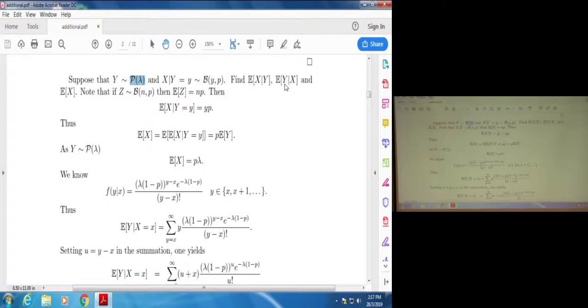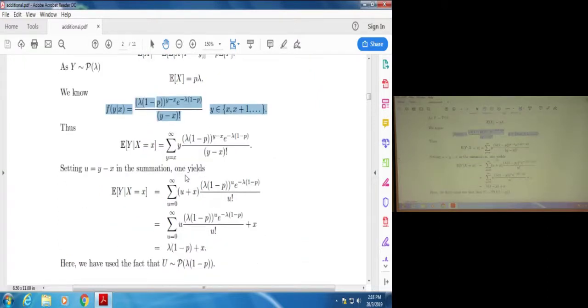Well, we've already computed the conditional probability mass function of y given x. That was the result of the calculation we just did a few moments ago, so now we're going to use the definition to compute the expectation. By definition, the conditional expectation of y given x is the sum over all possible values of y, so y goes from x to infinity, of y times the conditional probability mass function.